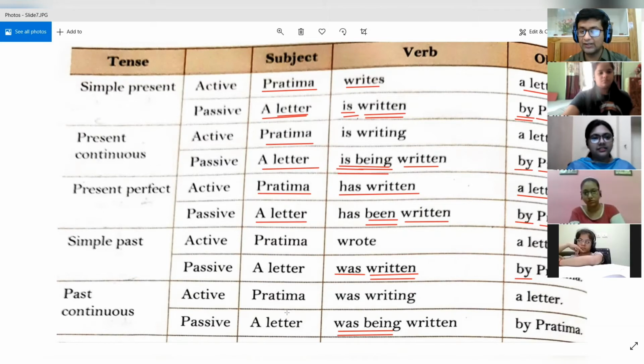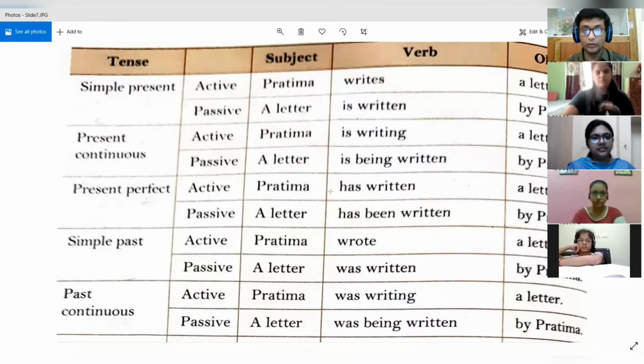All other things are just the same. You have to change the position of the subject and the object. You just have to place by before the object in the passive voice, and you will use the third form of write, that is written. So this is always the same, but was being, was written, has been written. So you can find that the be form of the verb is constantly changing. All right. So you need to learn it well.